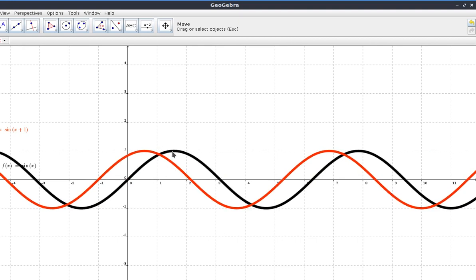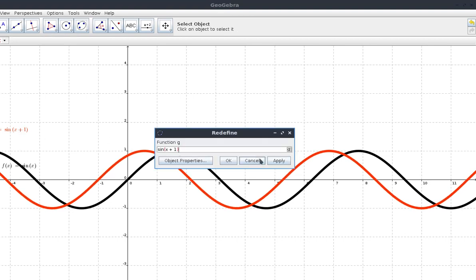Notice that the original graph, y equals sine x, started at 0. It cuts the x-axis at x equals 0. But when we said plus 1, it cut the x-axis at negative 1. This is sine(x plus 1). Suppose we had said minus 1.